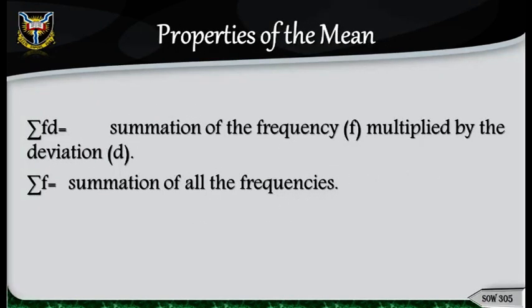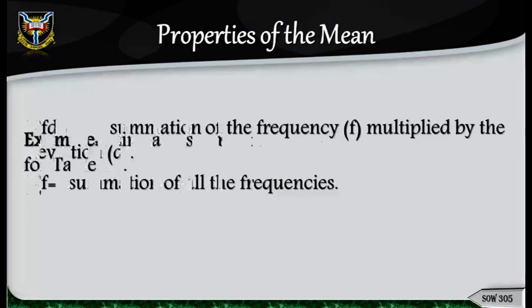Σfd equals the summation of the frequency f multiplied by the deviation d. Σf equals the summation of all the frequencies.